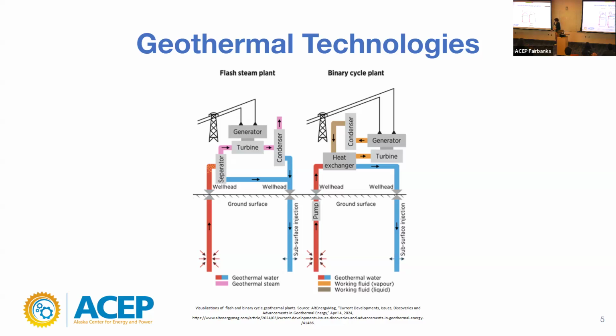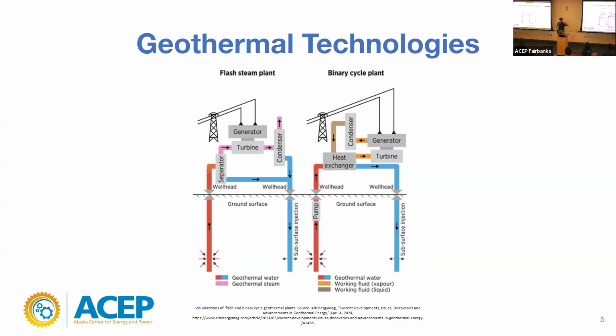It gets pumped into the ground, returns up to the surface hot, but this time it goes through a heat exchanger. That heat exchanger turns a liquid working fluid in this upper loop into a vapor, which spins a turbine, generates power, and then gets condensed back into a liquid. This cycle continues on and on as well.